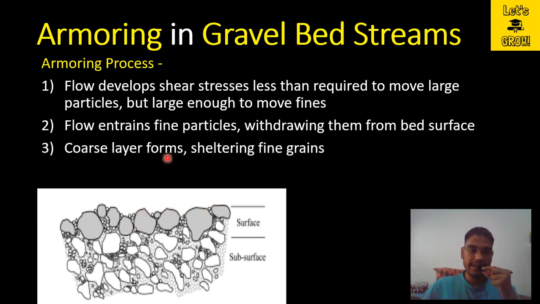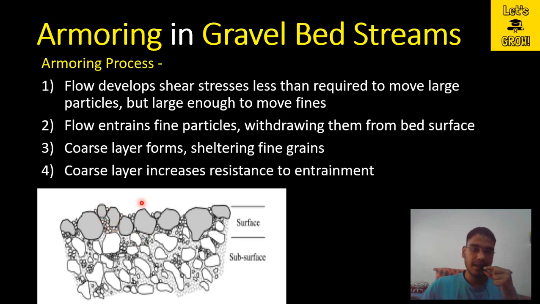Now you will see that this coarser layer forms, with sheltering of fine grains. The coarser particles stay on the surface, all those fine particles are transported, and some of the finer particles are sheltered by the coarser particles. You can see here some grains which are sheltered by these coarser particles, and this coarser layer increases resistance to entrainment.